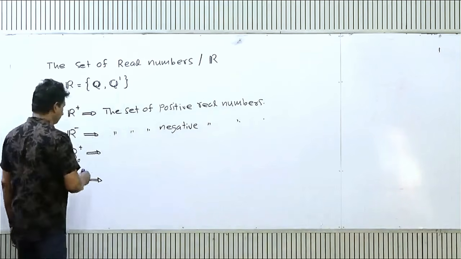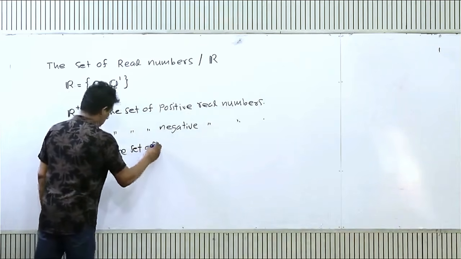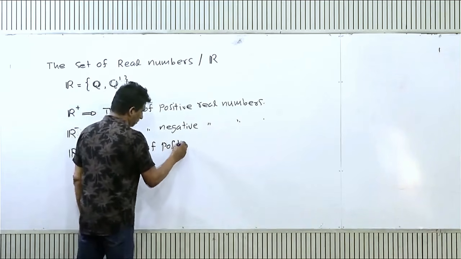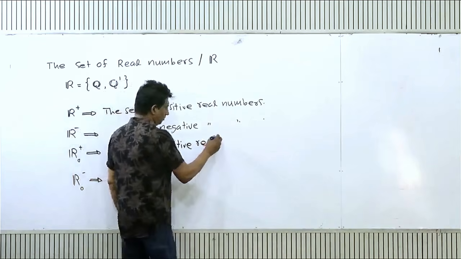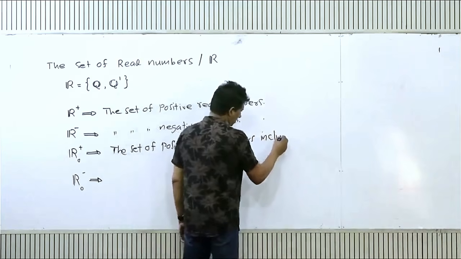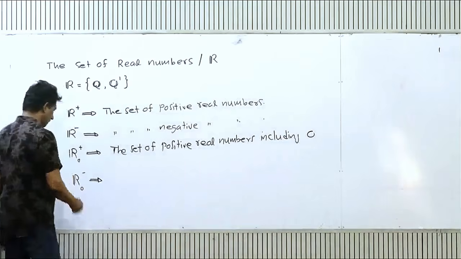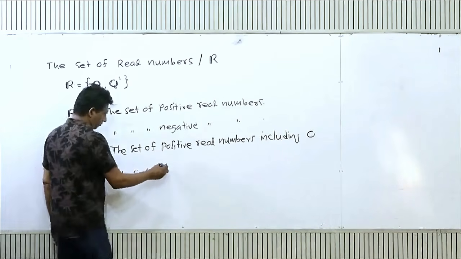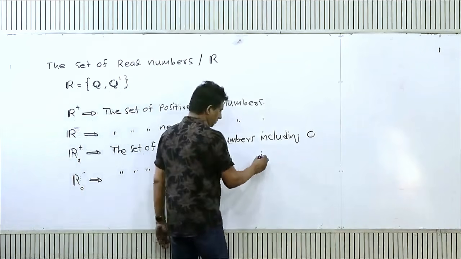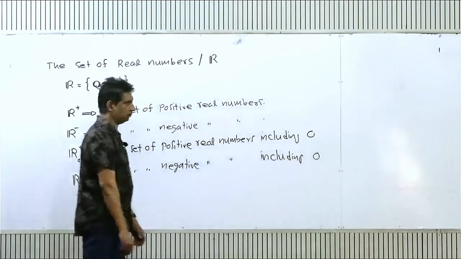This one, the set of positive real numbers including 0. This one, the set of negative real numbers including 0.